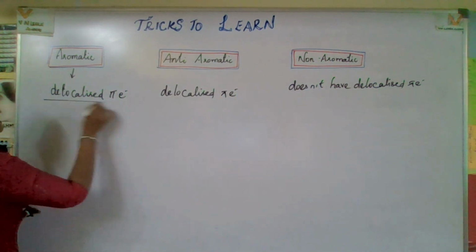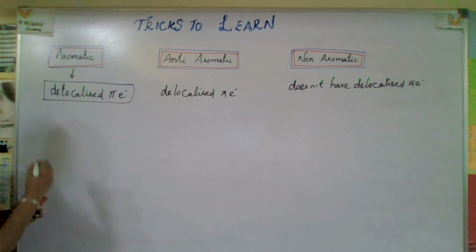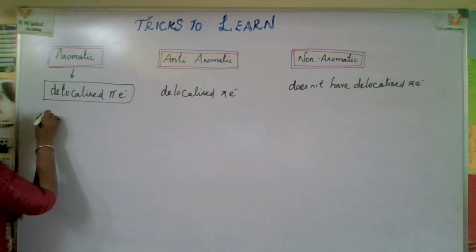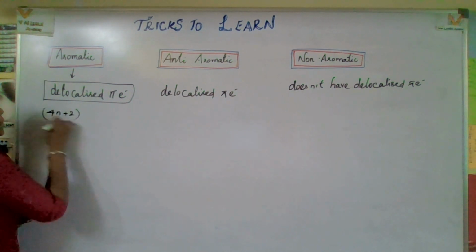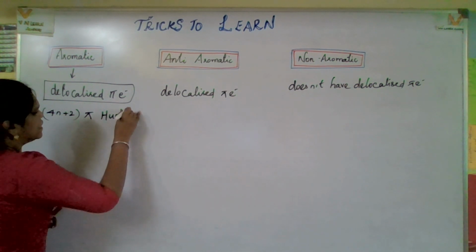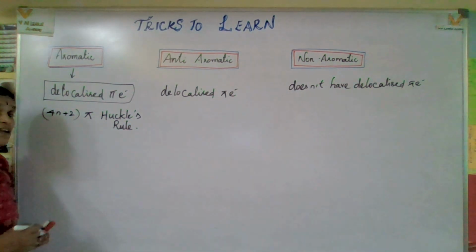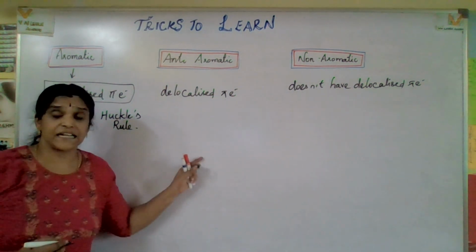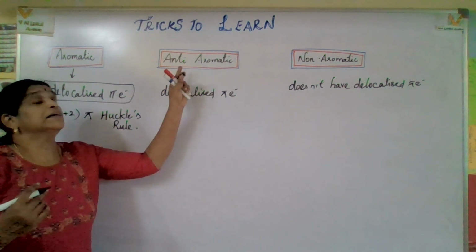First and foremost, aromatic compounds have delocalized pi electrons. In that, they have 4n plus 2 pi electrons, that is Huckel's rule. That is what you have learned during class time and in the subject matter, but here we are learning tricks only.